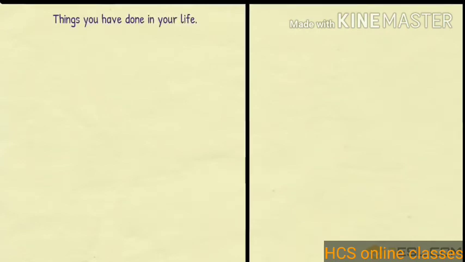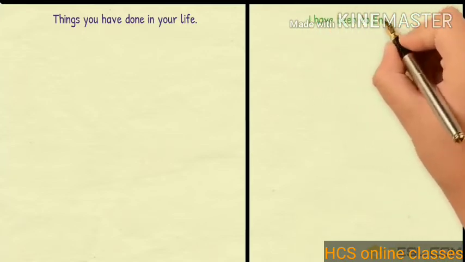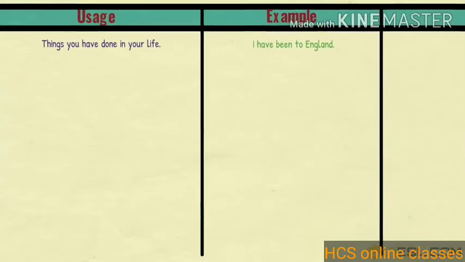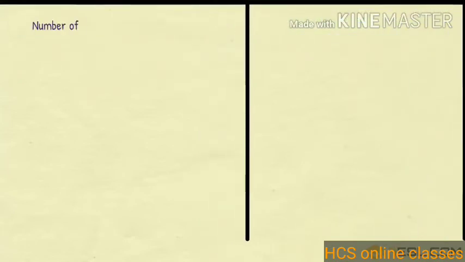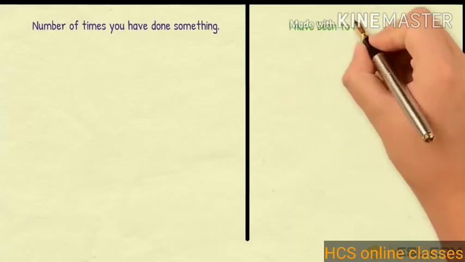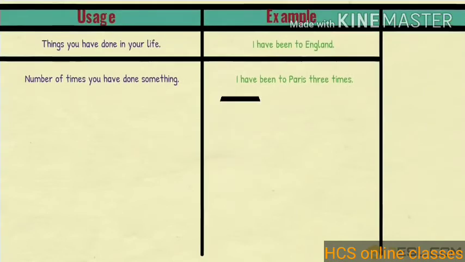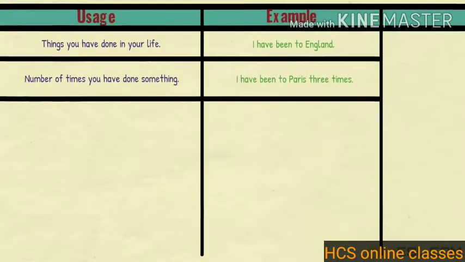Example, I have been to England. It is also used for number of times you have done something. Example, I have been to Paris 3 times.